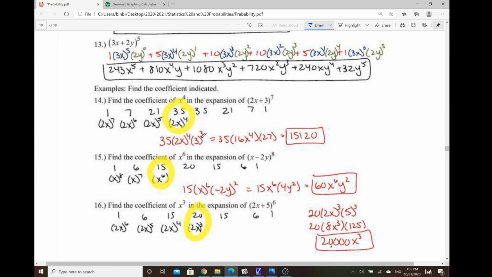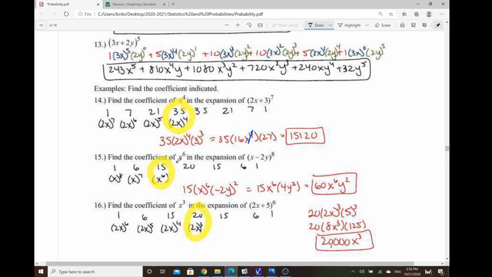The sum of those two powers always matches the highest power. So that's why it's 3 to the power of 3 times 35 times 2 to the 4th power. So eventually the coefficient would be 15,120. We don't include the x there, just the coefficient, because that's just a variable.